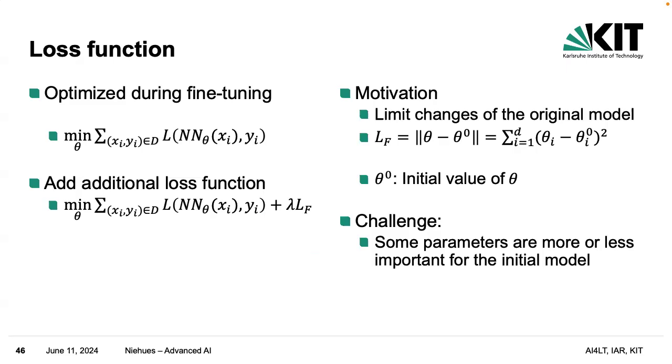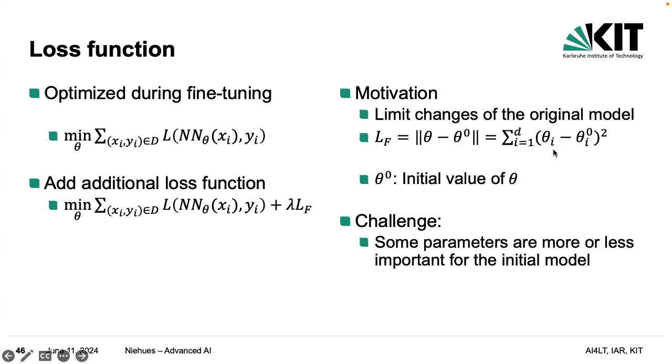If the weights are all very similar, hopefully the model is also similar, and then we can say that this is a good estimate. So we are estimating the similarity between our initial model and the model that we currently have by the difference between the weights. And then this is our additional loss, which is added here.